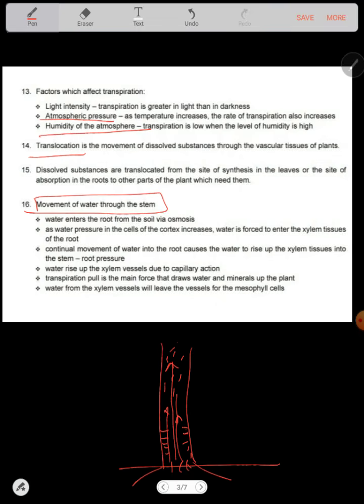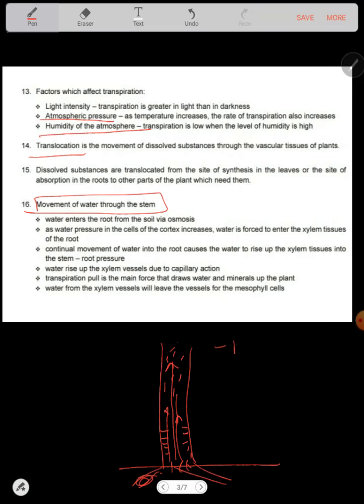That's what we call capillarity. Continual movement of water into the root hairs causes the water to rise up the xylem tissues into the stem, and root pressure decreases. Root pressure is the pressure due to the roots forcing water to rise up. Water rises up the xylem vessel due to capillary action, like I said.